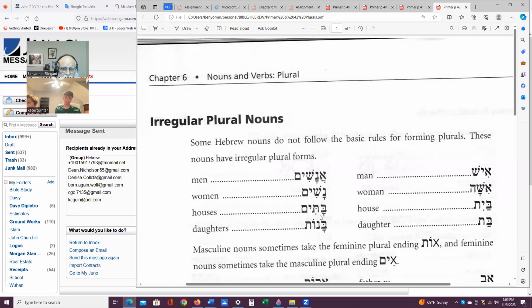But daughters are banot. A singular daughter is a bat, not a bot. So we see here batim versus banot. And bat is daughters. It's almost like sons, female sons.